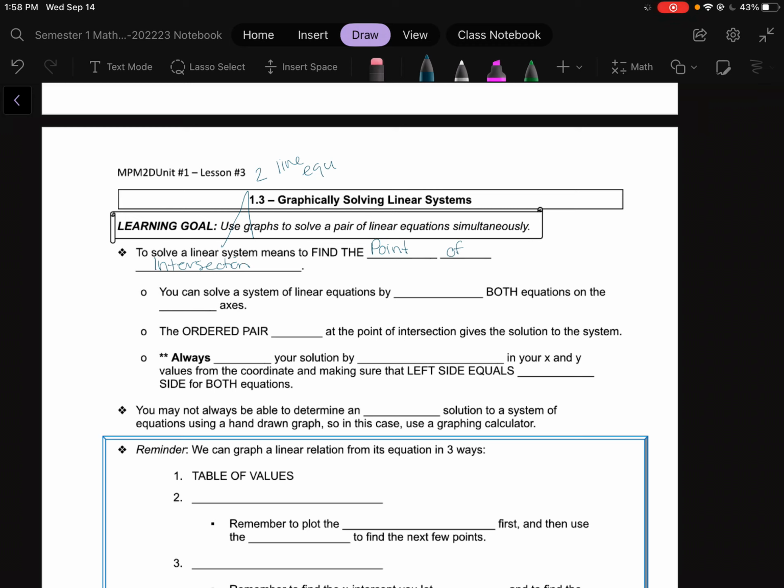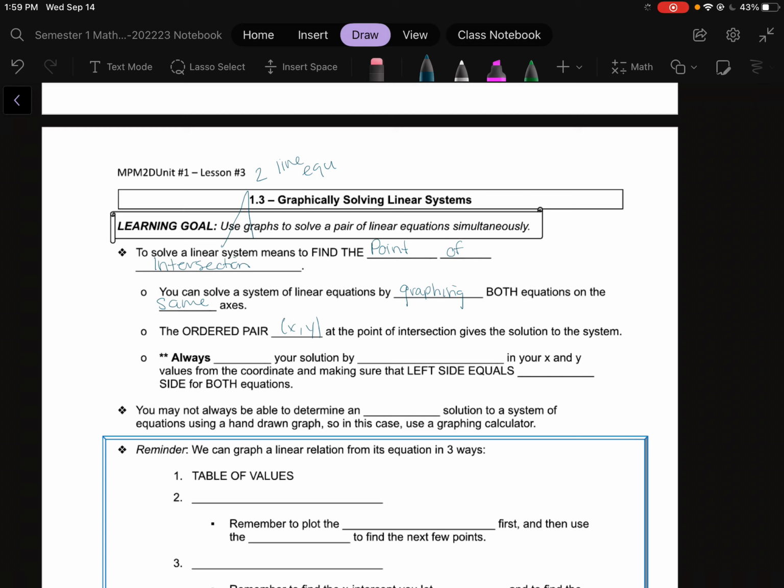We can solve them by graphing both equations on the exact same axes. The ordered pair, the x and y on our axes, at the point of intersection gives us a solution to that system.